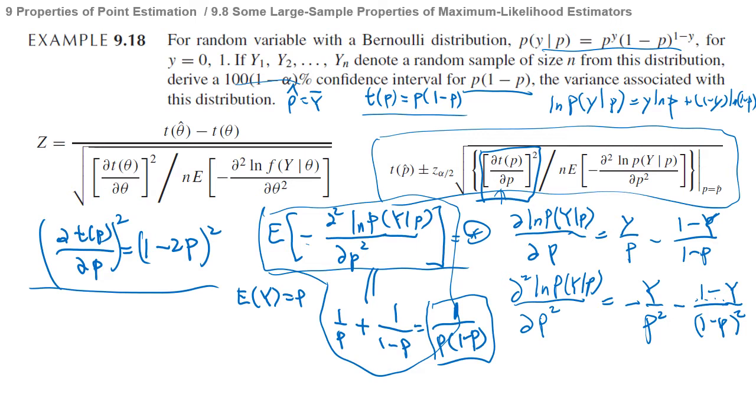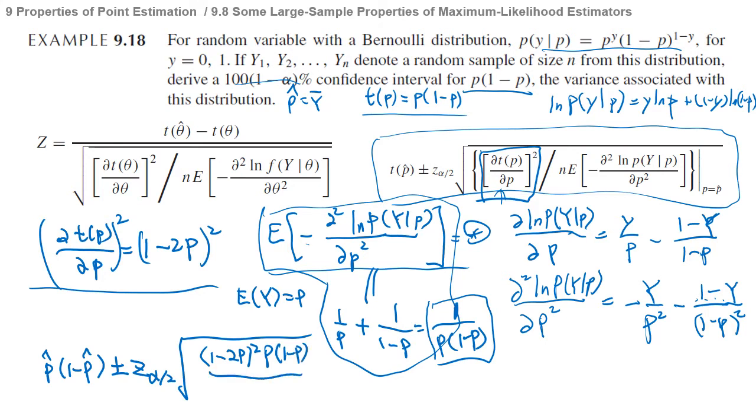So p hat 1 minus p hat plus minus z alpha over 2 times the square root of 1 minus 2p square, and this one p times 1 minus p go upside, p times 1 minus p, and divide by n is here, and we put p equals p hat.